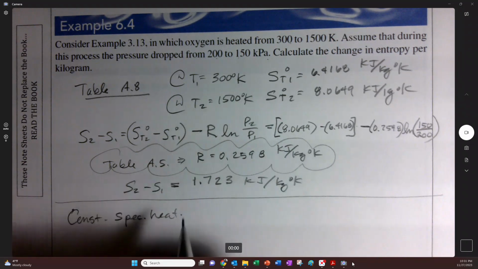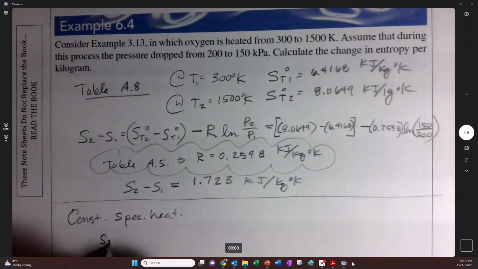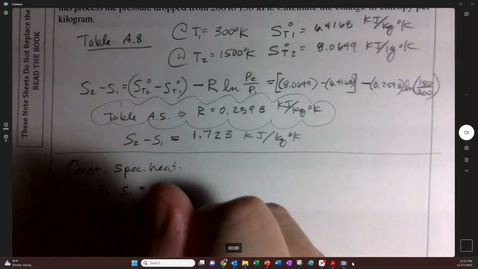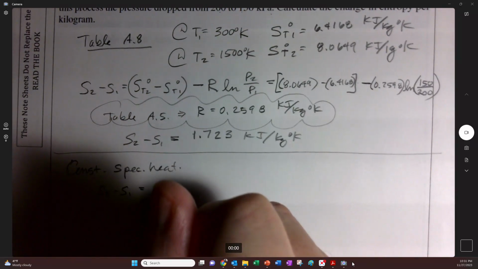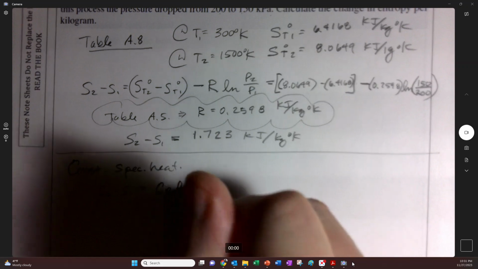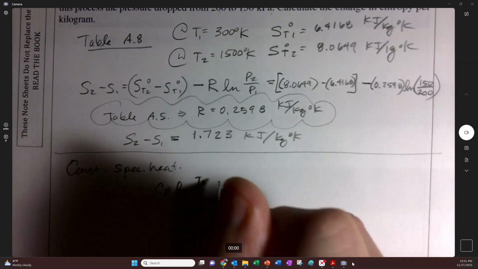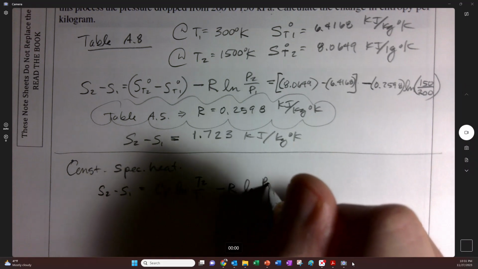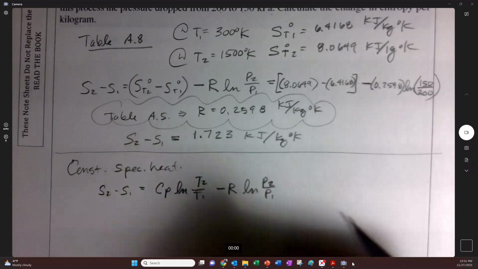It's going to be used in the equation S2 minus S1, which is going to be Cp ln of T2 over T1 minus R ln of P2 over P1.